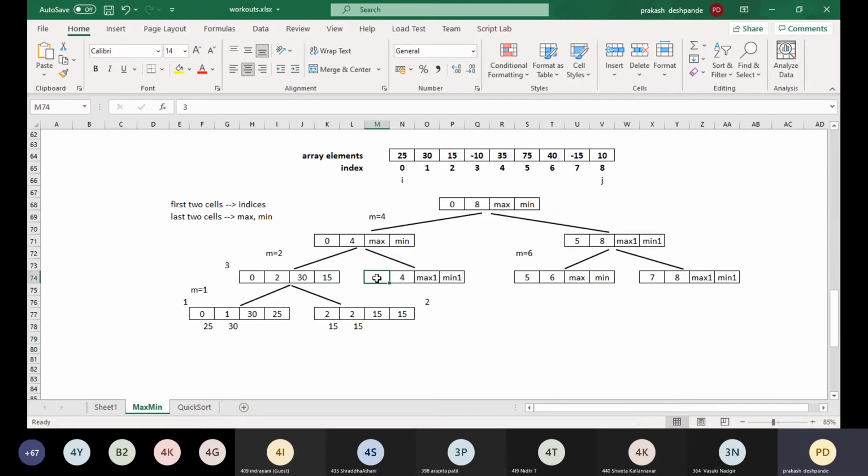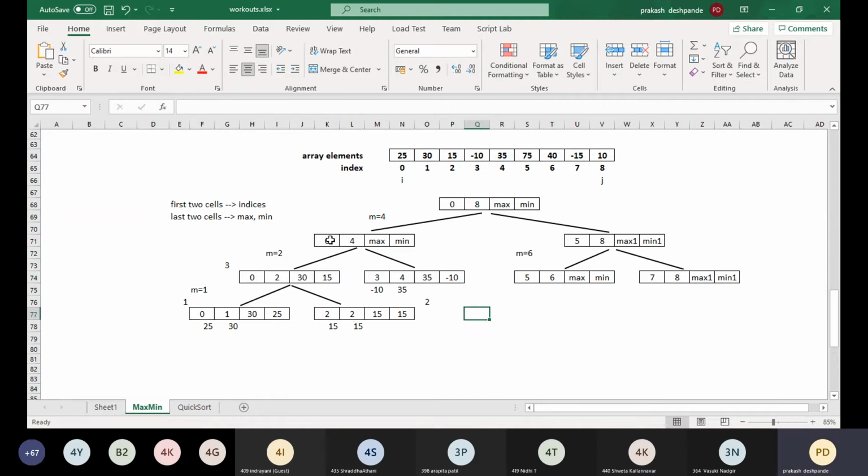So at index 3, what is the value? Minus 10. At index 4, what do we have? 35. Now between these two, which one is maximum and minimum? 35 is maximum. Minus 10 is minimum.